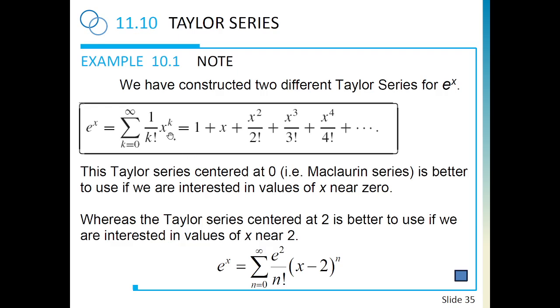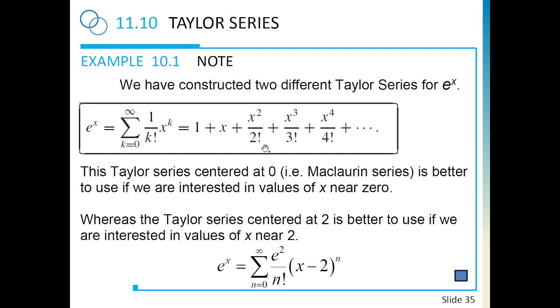So I could use this series to approximate exponential 0.5. Instead of x, I plug in 0.5. Obviously, this goes forever, so I cannot compute forever. I need to stop at some point. I could stop using 3 terms or 4 or 5, depending on what I want. But the closer I am to the center of the series, the better the approximation.